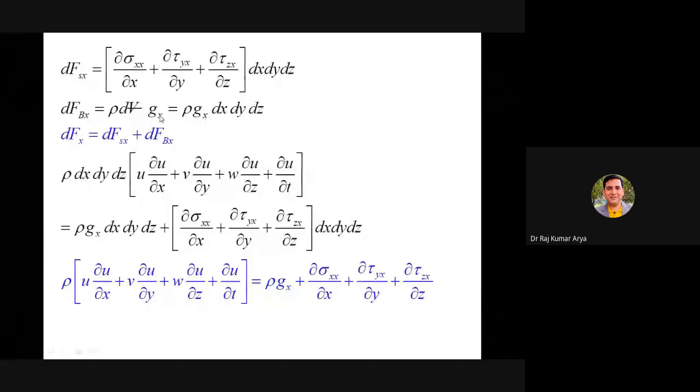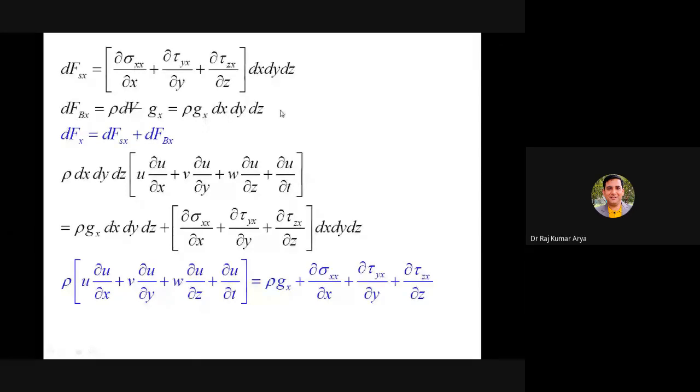If it is completely horizontal, gx would be 0. If inclined, you will have some value of gx. It may be zero, it may be non-zero, it may be g sine theta or g cos theta, depending on the orientation of the object. So we put the term gx here. So you get rho gx dx dy dz. This is your body force.